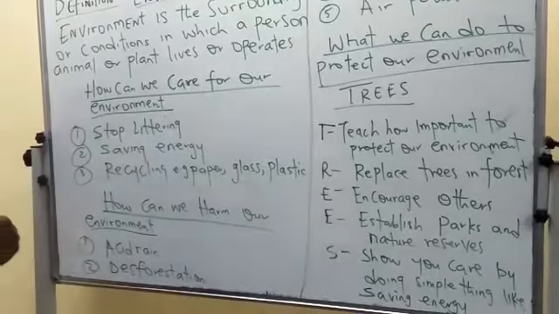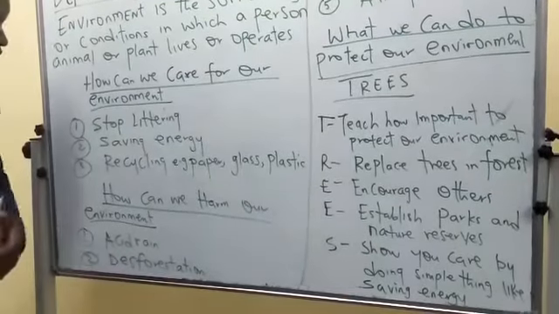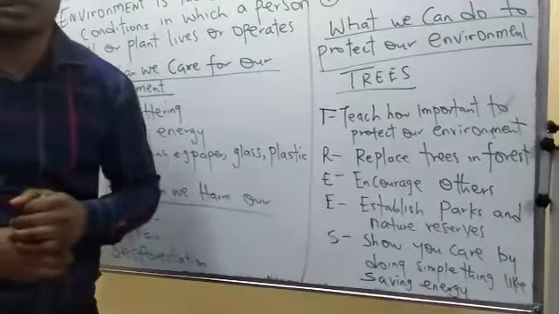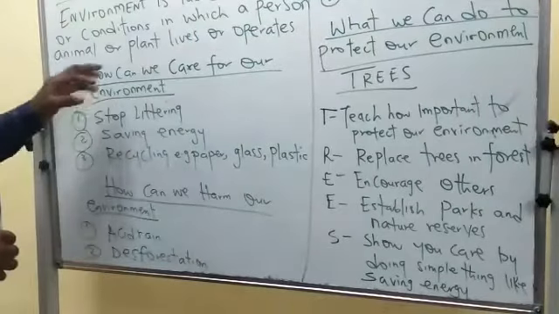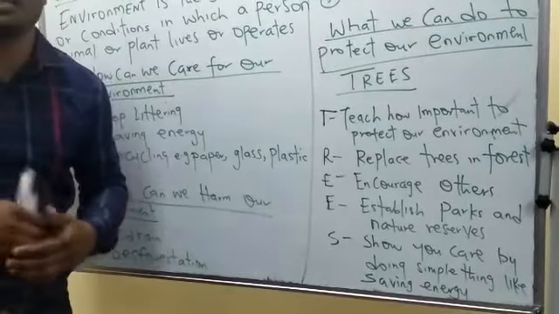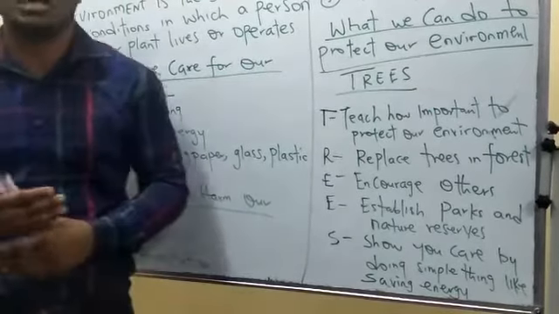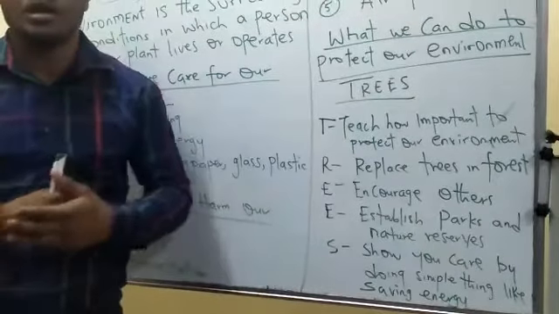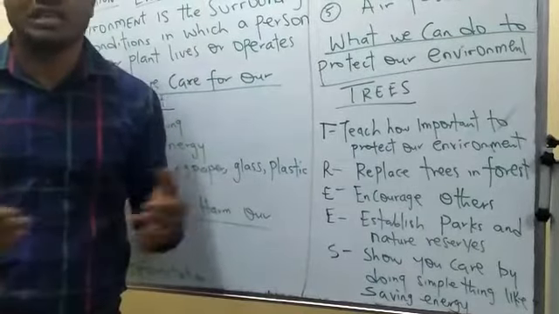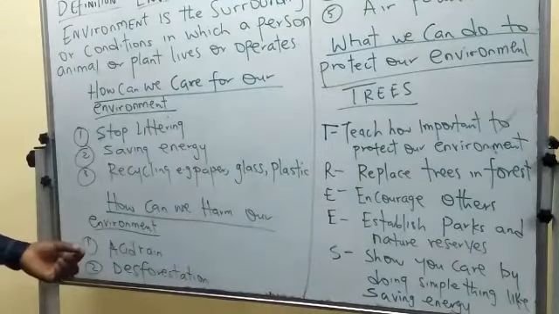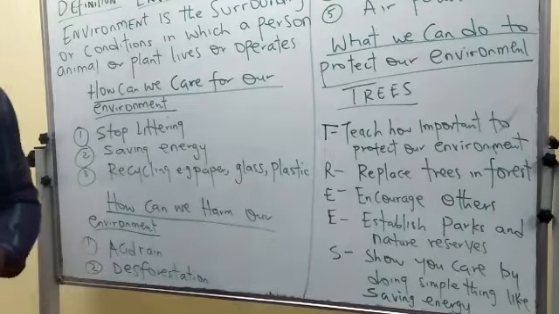Now, another subtopic. How can we harm our environment? Having learned the ways we can care for our environment, there are also ways in which you can harm your environment. What are these ways? They are listed here. Number 1, acid rain.